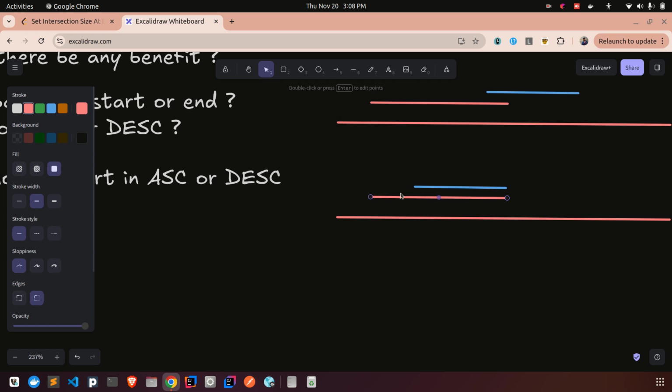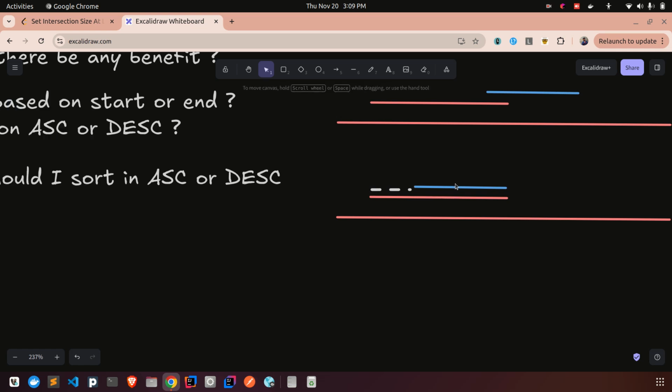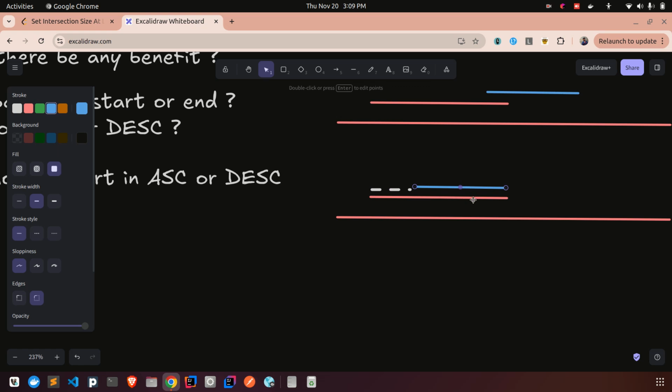But if you pick an interval which has a smaller start than another interval, and you pick any number in this range, these numbers will not necessarily lie in the other interval. So we cannot 100% say any number you pick will always lie, but you can 100% say the numbers which you pick over here will always lie here.